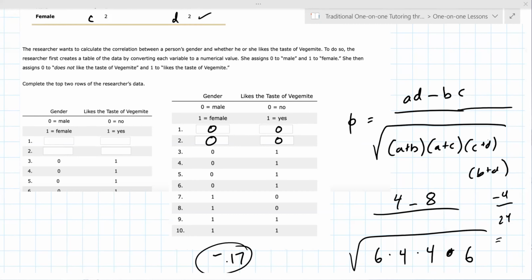Is that everything for 8? Yeah. Okay, so we're on to 11. Make a scatter plot of the data shown here. Okay. Do we need to update the graph on this one, or is it just for help? I think, yeah, we do have to update it.